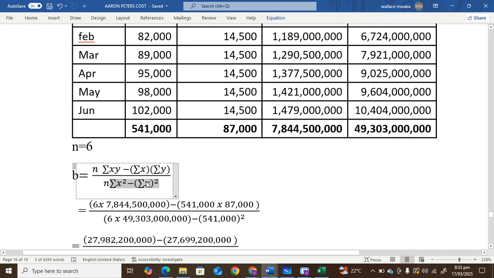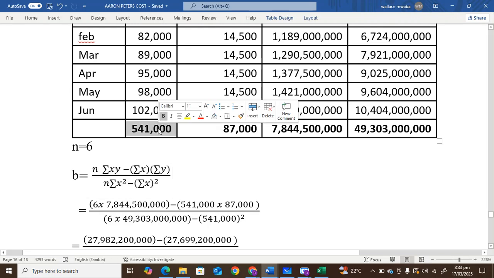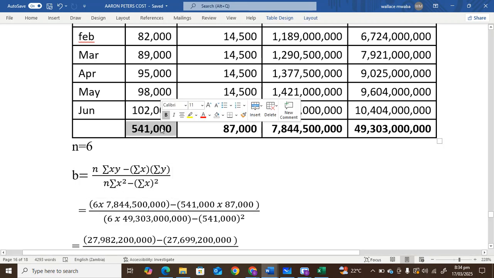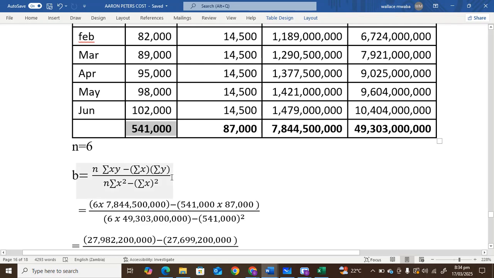Then summation of x is the first numerical column, and you square this number. You must differentiate between these two so that you do not swap them in the exam. If here it's summation of x squared and you put 541, that would be wrong.